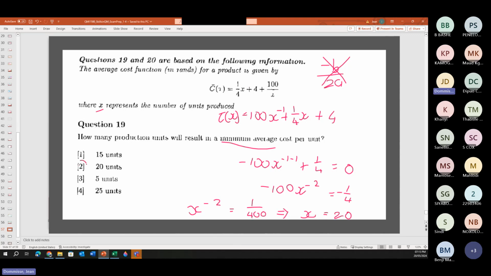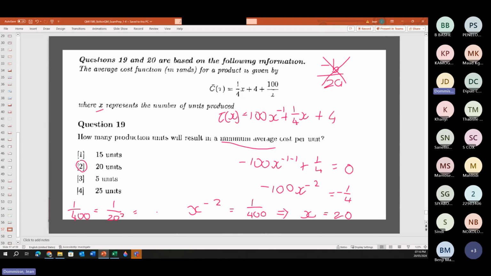So that is how I got to that answer, that x to the power of minus 2 is equal to 1 over 400. 1 over 400 is actually 1 over 20 to the power of 2.